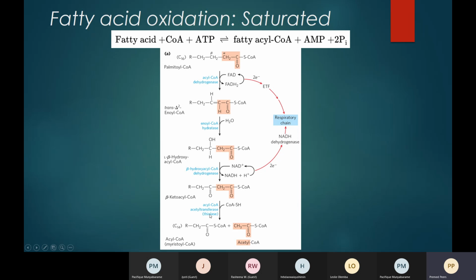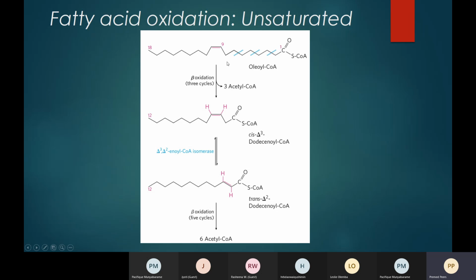Then we have one of these activated fatty acids that's shortened by 2 carbons, and we just enter it back into the cycle. This will keep feeding back in until at the very last step it'll be a 4-carbon chain, and we'll cut it in half and make 2 acetyl-CoAs, and then we're done. That's for saturated. You'll notice that this was a saturated chain. Unsaturated is a little bit different.